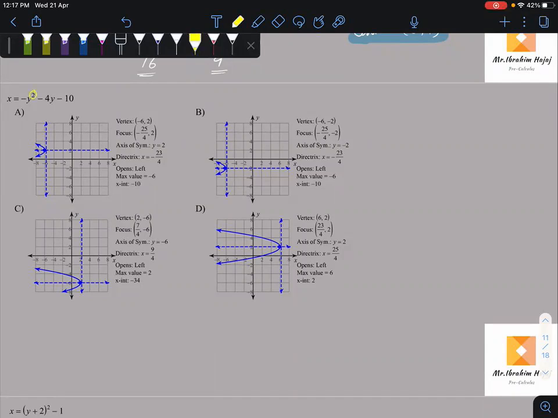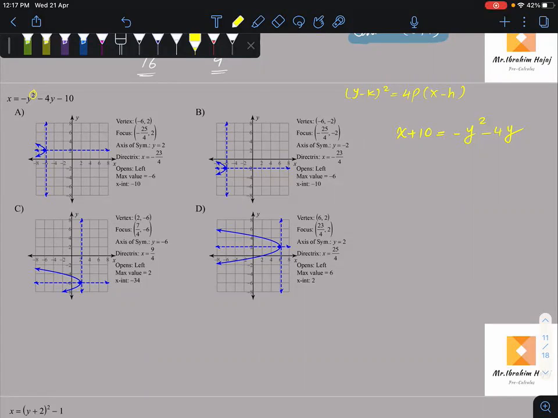So we have to follow this form: y minus k all squared is equal to 4p times x minus h. So the only thing we have to do is to take the 10 to the other side with the x. So we have x plus 10 is equal to negative y squared minus 4y.